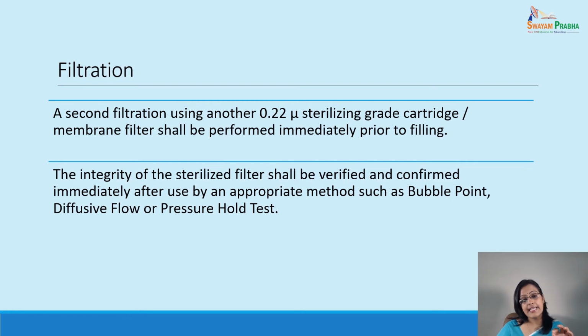Next is a second filtration using another 0.22 micron sterilizing grade cartridge membrane filter, which shall be performed immediately prior to filling. That's why I said this process has to be done twice.